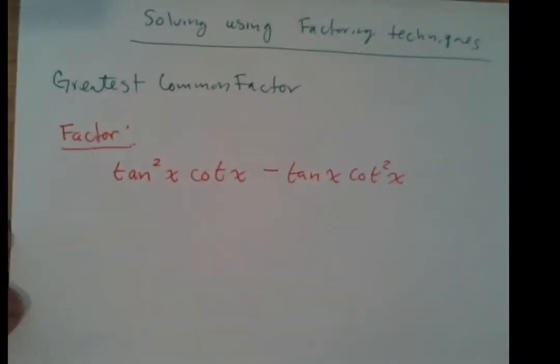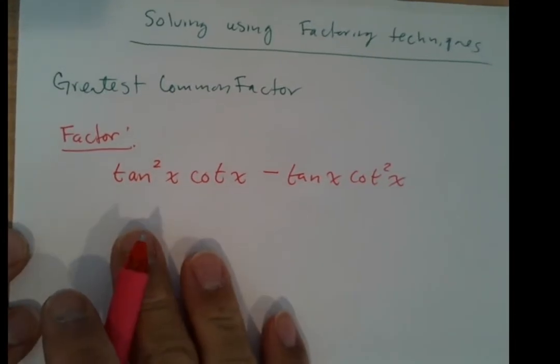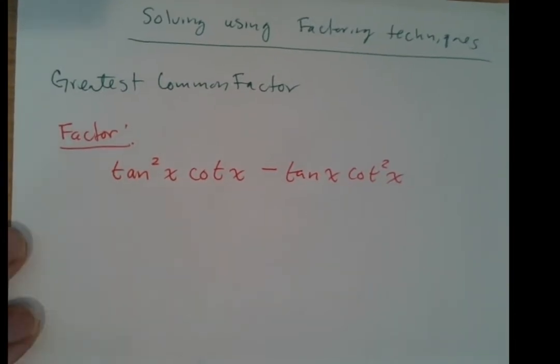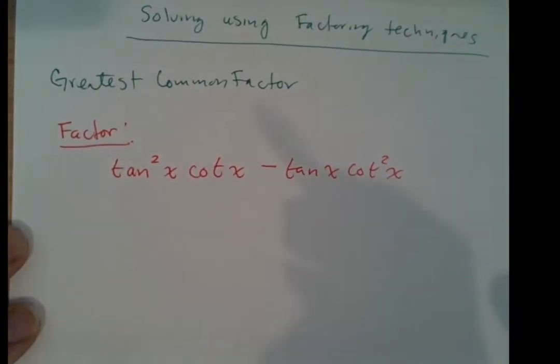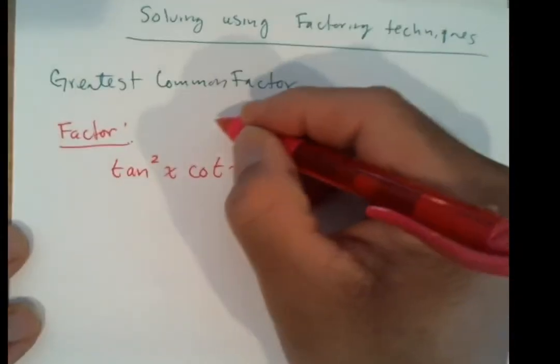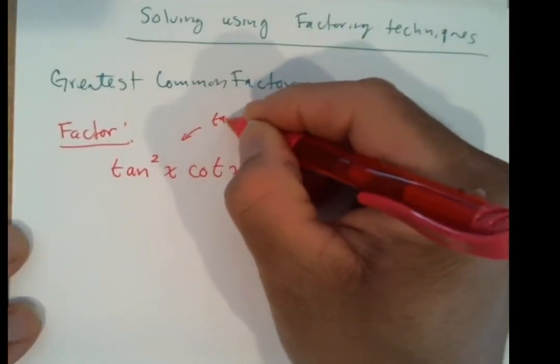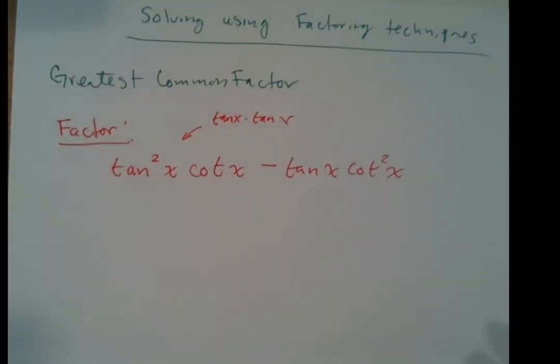From here, we ask, what is the greatest common factor? We're looking for factors common, the keyword being common, in both of these. Keep in mind the notation: when we have an exponent, tangent squared x is equivalent to tangent x times tangent x.